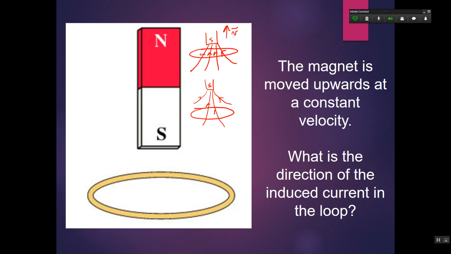If you want an induced magnetic field in the upward direction, which direction does the current need to be going? Now you need to use your right hand. Counterclockwise, exactly. This is counterclockwise.